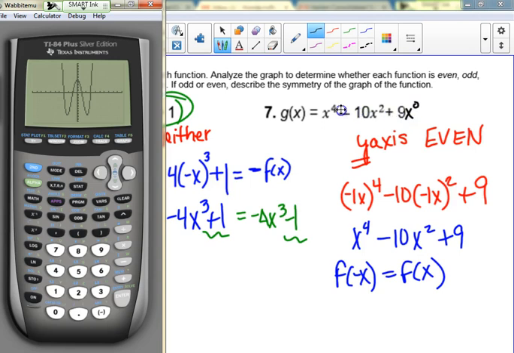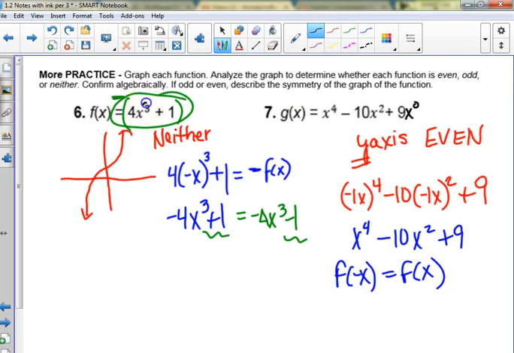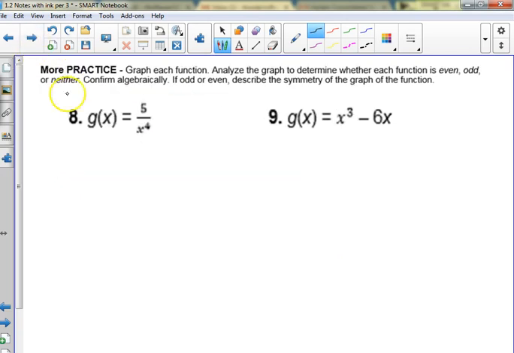It is even. So x to the 4th, x squared, x to the 0, all the powers are even. On the previous one, there was a 3 here, but this was an x to the 0, so that's an even and an odd exponent. So it was neither. Okay, once you have a fraction, you should be more careful.